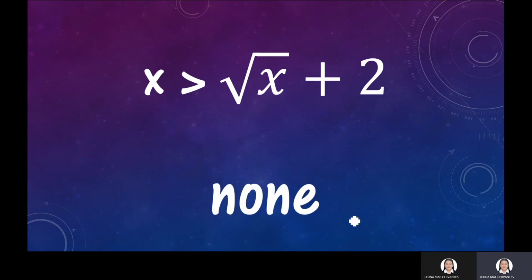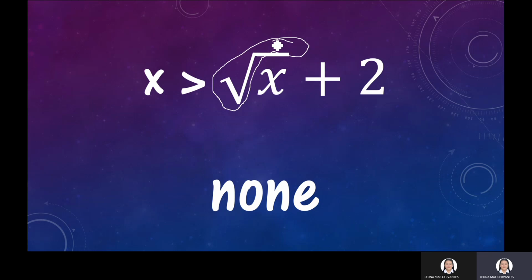Okay, correct answer: none, because square root of x plus 2 is inside the radical. So, square root of x plus 2 is not a polynomial, therefore it is not a rational expression.